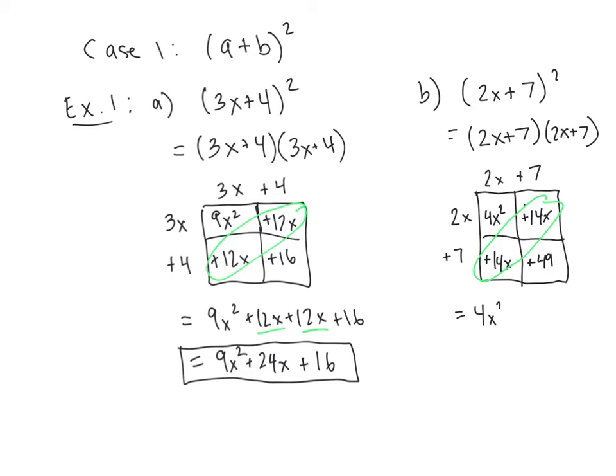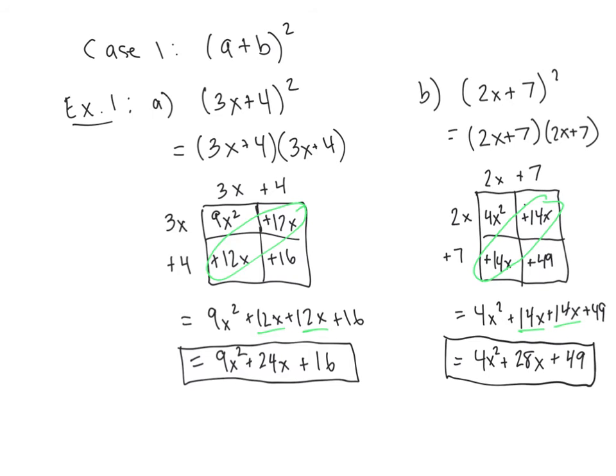So I'm left with 4x squared plus 14x plus 14x plus 49. And that's a like term because we have the same variable to the same degree. 14 and 14 makes 28x in the middle, so 4x squared plus 28x plus 49. Hopefully that's what you got when you multiplied that out.